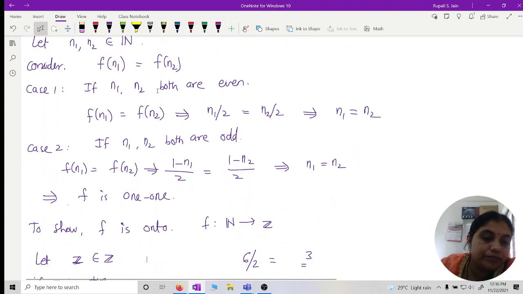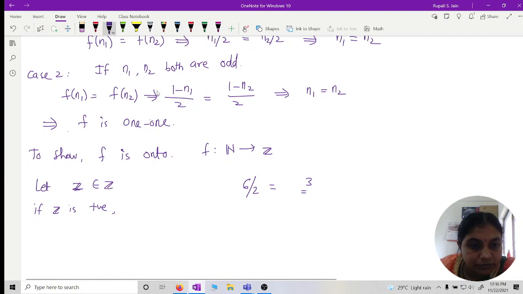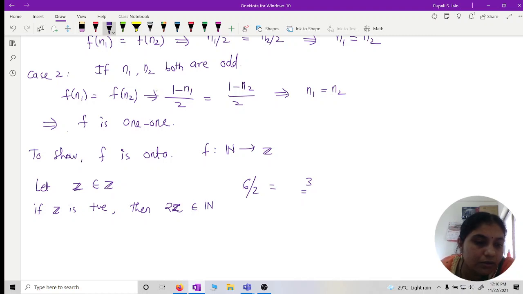Okay. Two times z will belong to natural number, and if z is negative, then what I have to take?